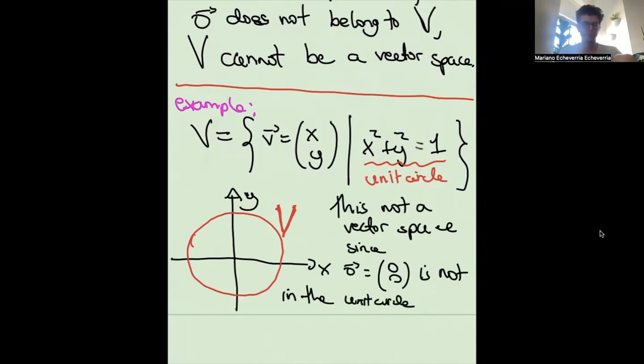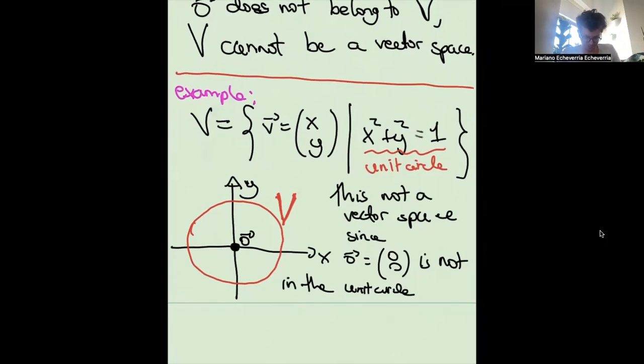Right, because 0 squared plus 0 squared gives you 0, it doesn't give you 1. So making sense? That's an example of something that's not a vector space.